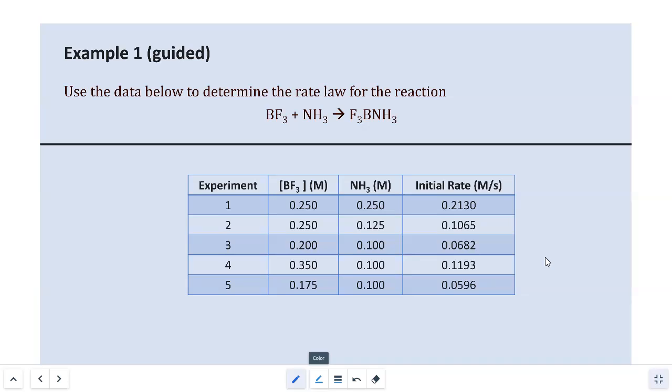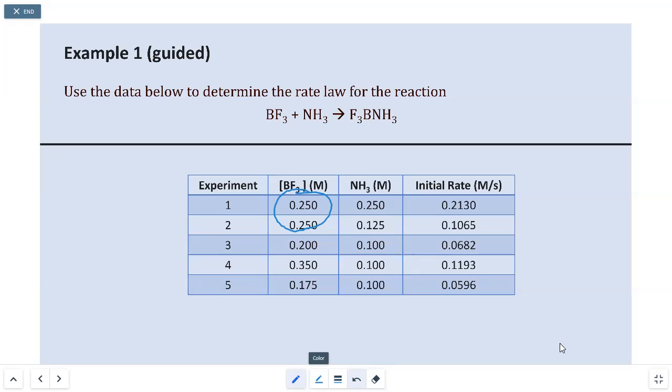Well, here I see I have enough reaction runs that I can probably just use the isolation method. Because I can see, okay, experiment 1 and 2, my boron trifluoride's held constant, my ammonia is not. And so I can compare them directly here.